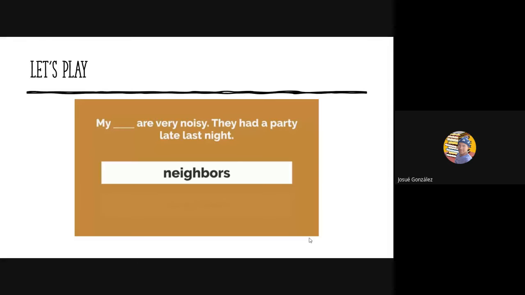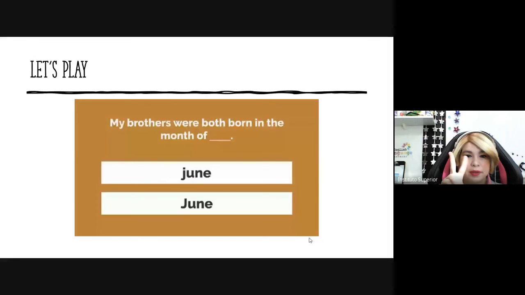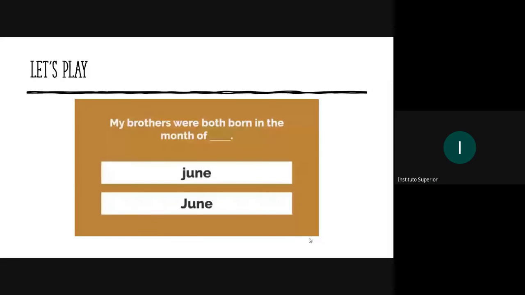The days of the week go in capitals. Neighbor with a small letter. The first one doesn't need capitalization. It's a common noun.